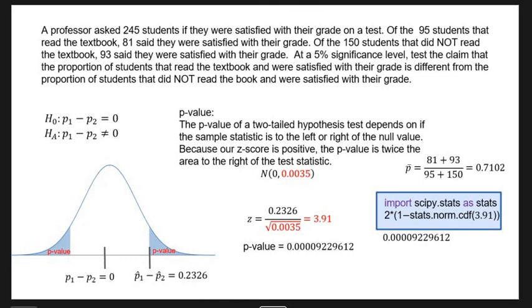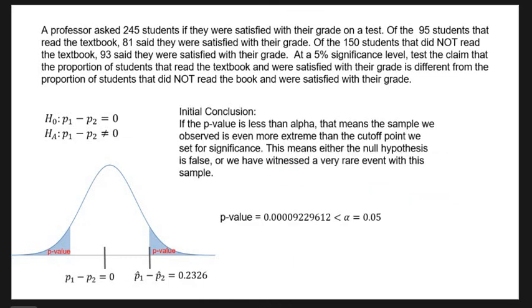So, because this p-value is less than the stated cutoff point for significance, which was 0.05, anything that was less than or equal to 5% of a probability we said was going to be significant, then we have to reject this null hypothesis, because this is really, really significant.